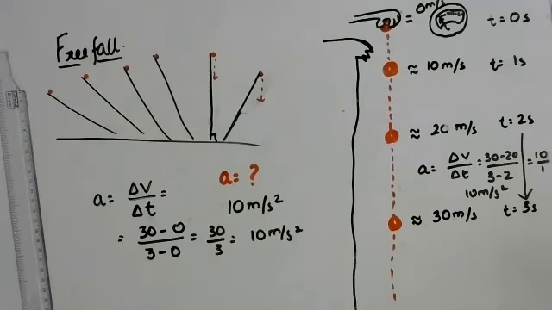So this value of acceleration is a special thing. It is unique to the planet Earth. Why? Because the specific amount of gravitational force, whatever that might be, that is acting on this planet, gives any object which is allowed to fall freely an acceleration of approximately 10 meters per second square.